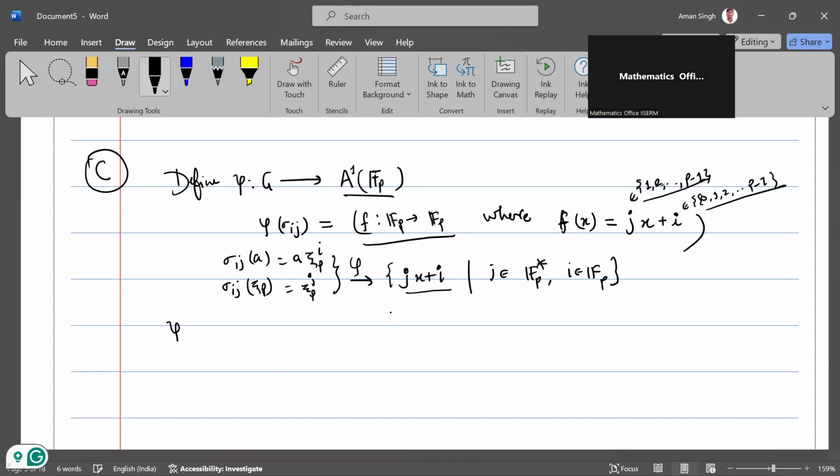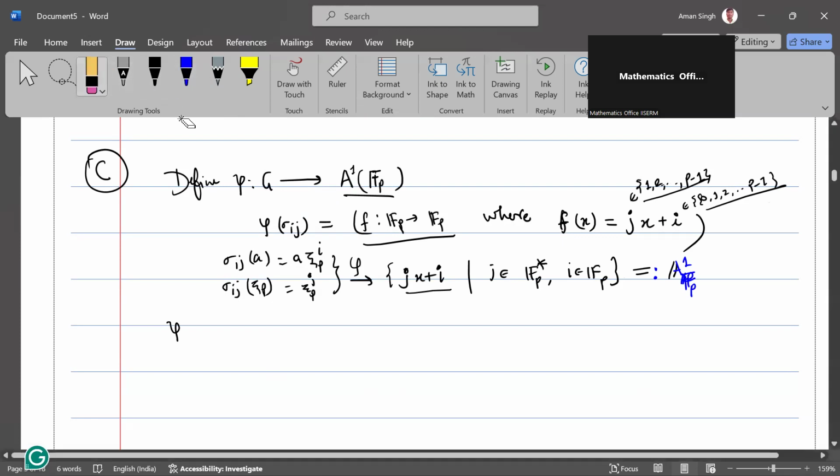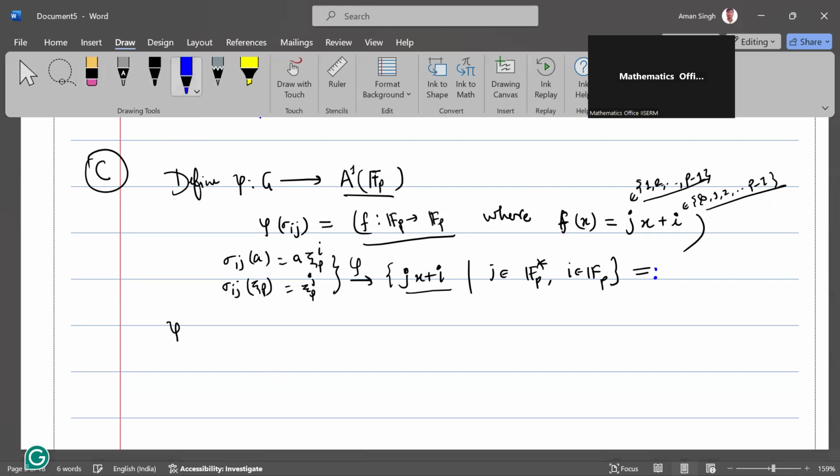So from now on, this is my notation for A1 FP. Okay. So I will just write the element-wise description of f of x. I will just write f of x. That is this. This describes what f is.